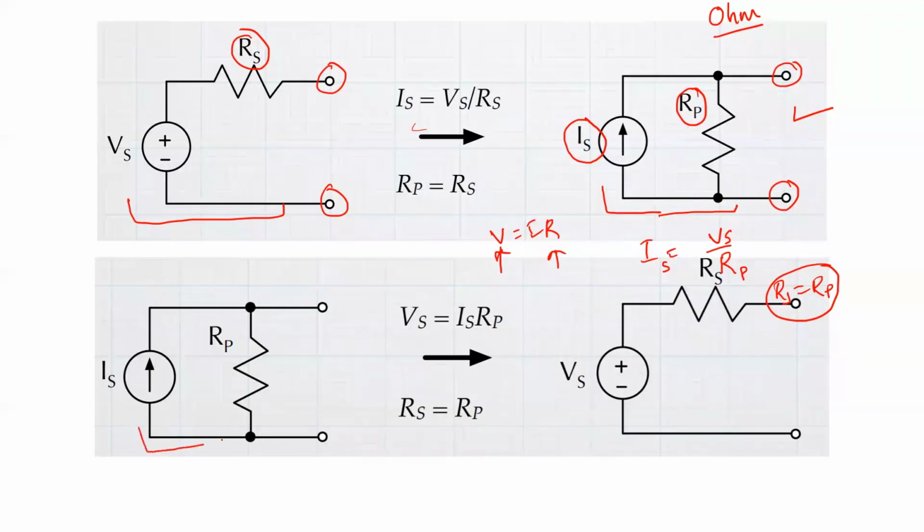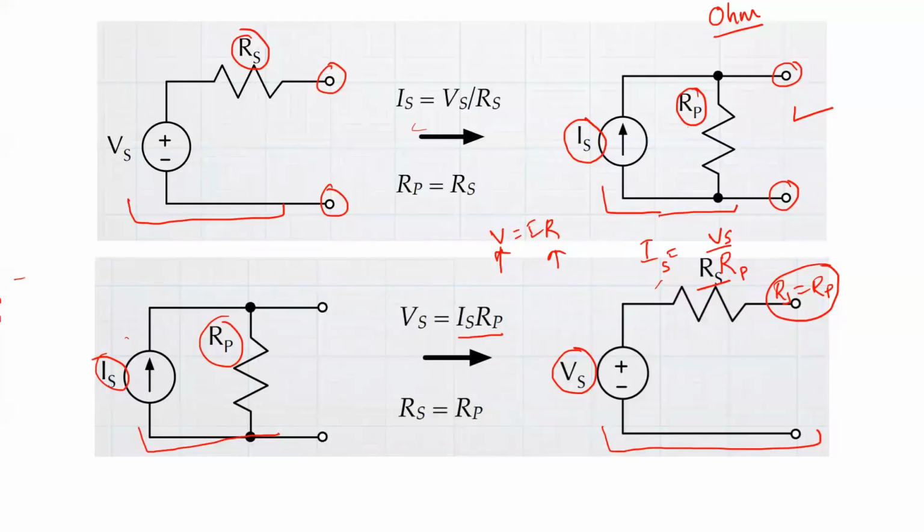A current source in parallel with the resistance can be converted into a voltage source in series with the resistance. Here the values of Is and RP are known. Using these two values, the voltage source value can be calculated. Vs is equal to Is into RP. In this case, Rs and RP are the same.